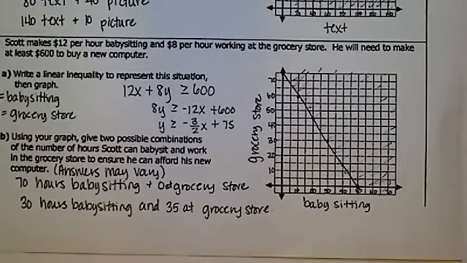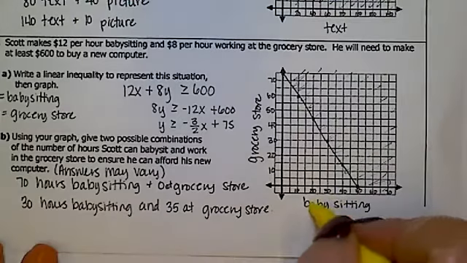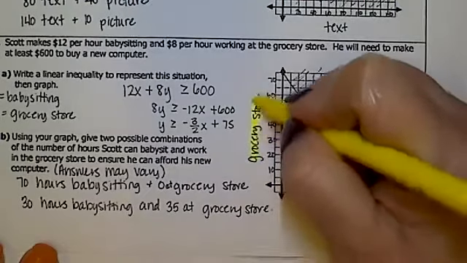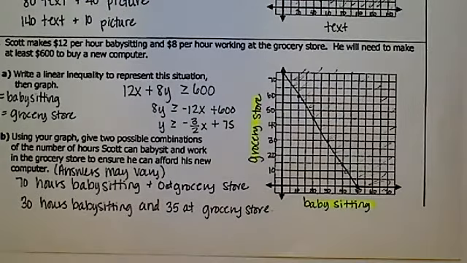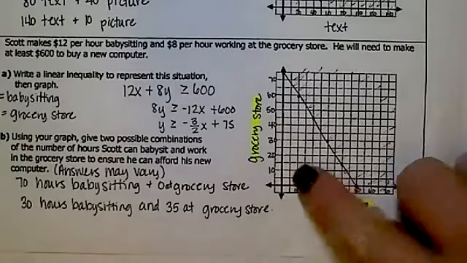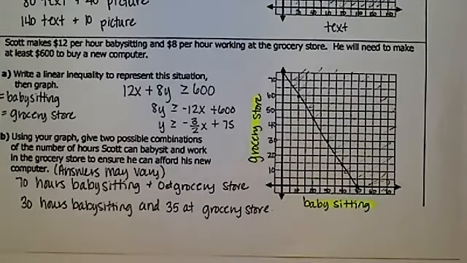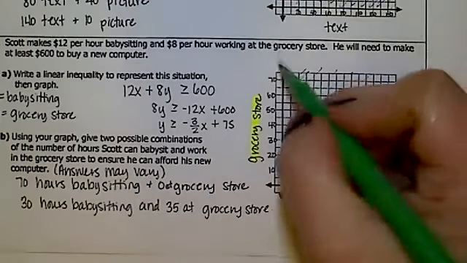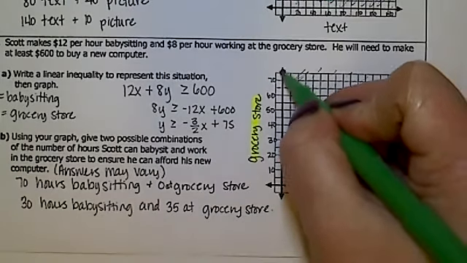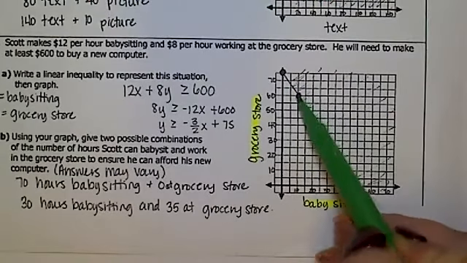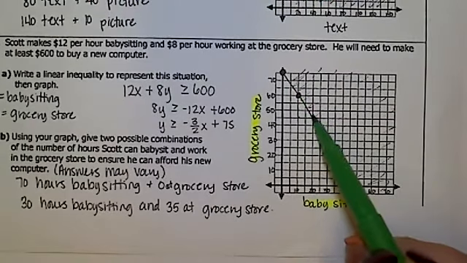Go back to your x-axis and make sure that you put that with babysitting, and the y-axis was the grocery store. Now for this one, I've got tens, but then there'll be 5 increments between, okay? So when you look at this line, you would start at 75, and you would go down 3 and over 2. Down 3 and over 2.